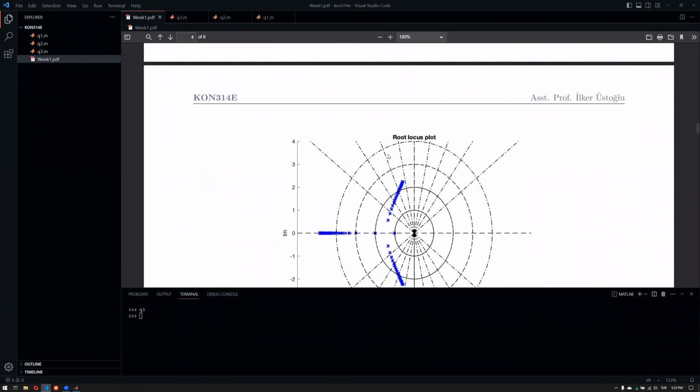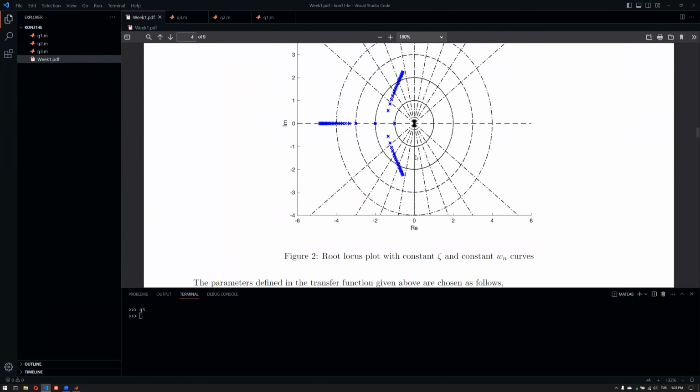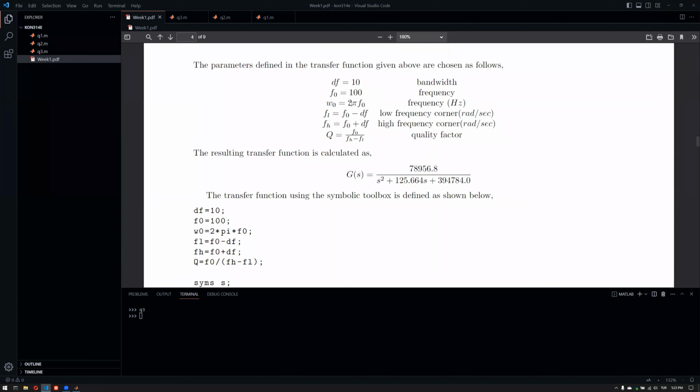And for the Bode graph example, the second part of today's discussion, in the notes, I've used a bandpass filter with a certain corner frequency and bandwidth, and here are the definitions.